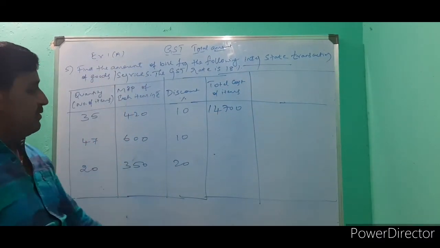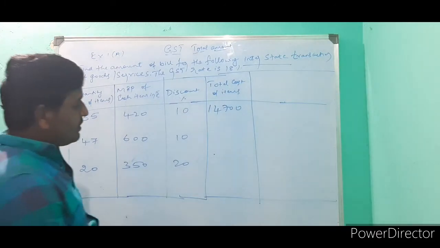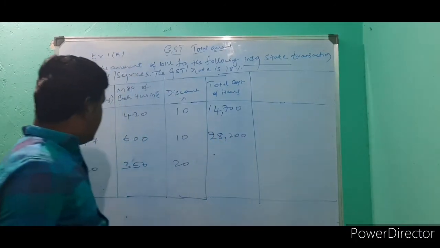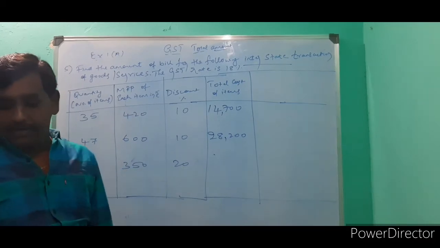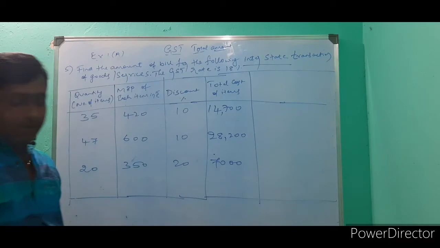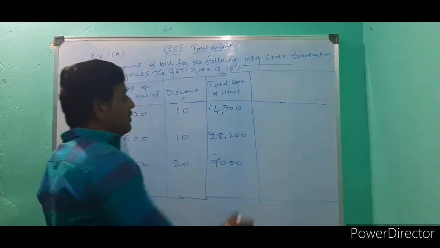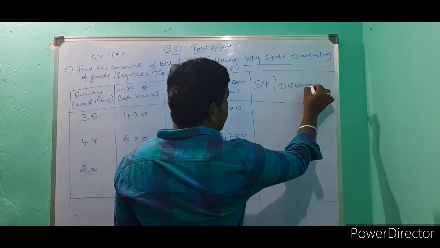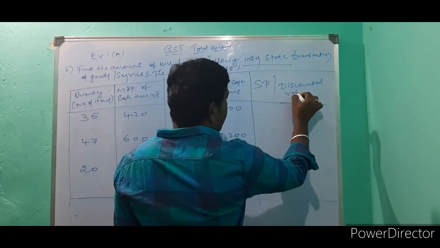If you multiply 35 into 420, you will get 14,700. Multiply 47 into 600, you will get 28,200. And 20 into 35 gives 7,000. Now we have to find the selling price or discounted value.